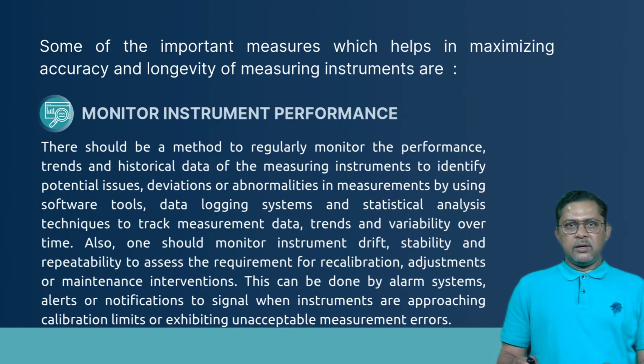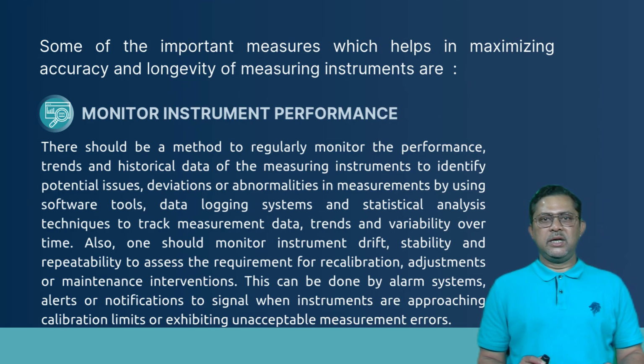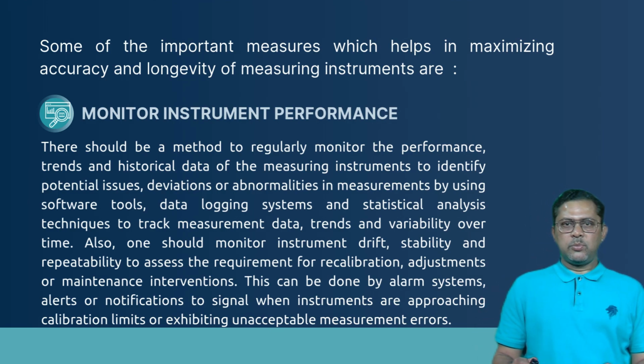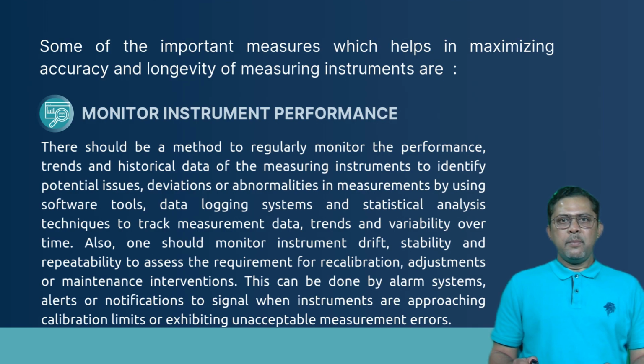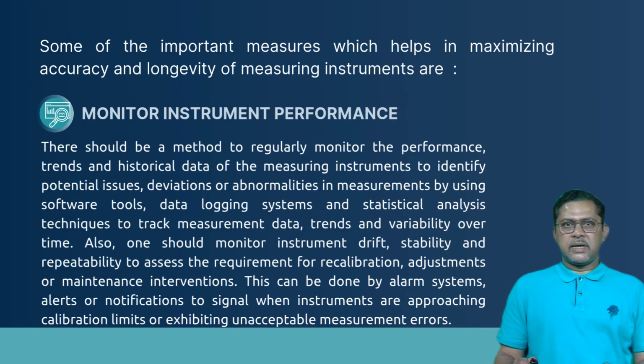There should be a method to regularly monitor the performance, trends, and historical data of the measuring instruments to identify potential issues, deviations, or abnormalities in measurements by using software tools, data logging systems, and statistical analysis techniques to track measurement data, trends, and variability over time.